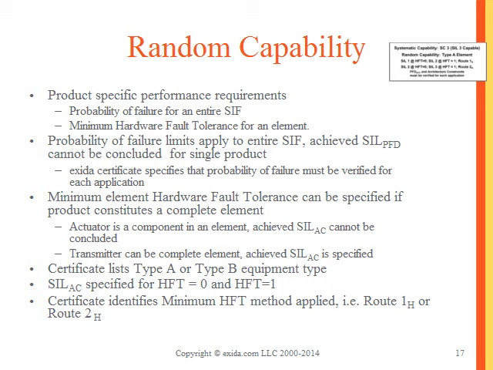The Route 2H addresses the confidence level that you have in the failure rate information for a particular device, and it requires a certain number of recorded operating hours and a maximum number of failures.